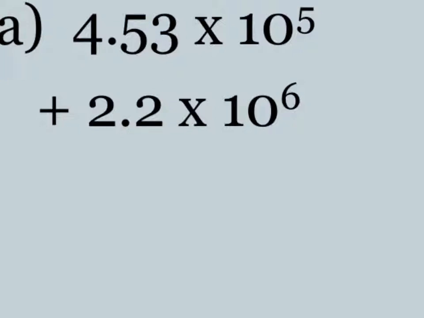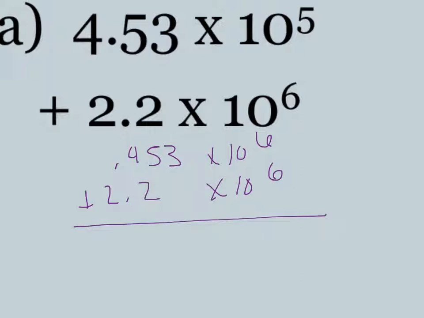So I'm going to rewrite this problem with the new decimal placing. That gives me 0.453 times 10 to the 6th plus 2.2 times 10 to the 6th. When I add exponents, they stay the same, just like adding the denominator of a fraction.